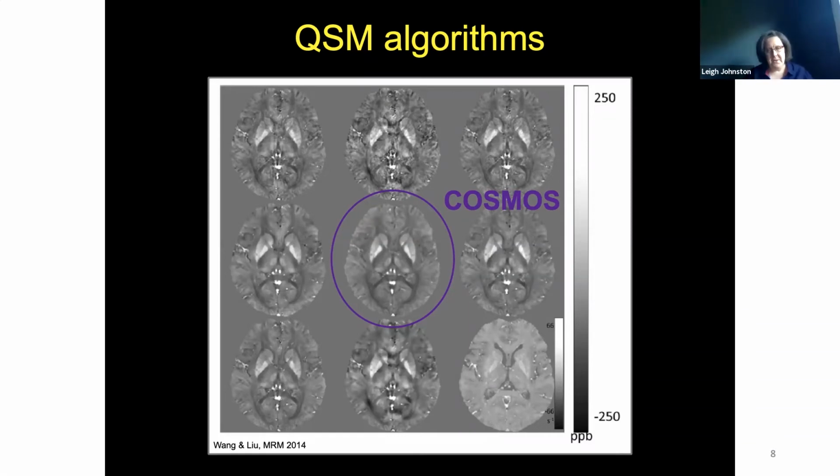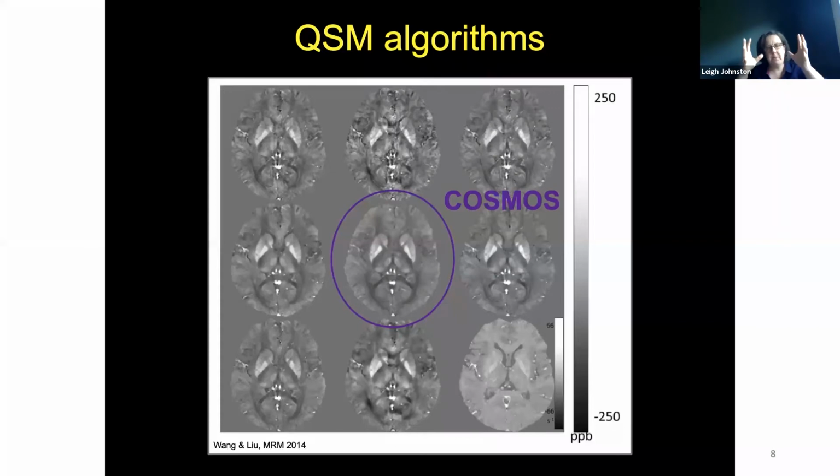So what Cosmos does, and again, if anyone ever asks you to be a volunteer for an MRI scan for a study, and you say, well, are you doing Cosmos? If they say yes, you might think twice about doing it. Because what Cosmos does is, you don't just get imaged once in a comfortable head position, but your head is tilted to the side at different angles.